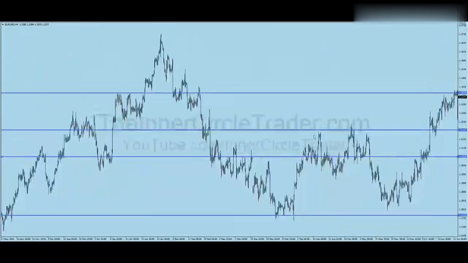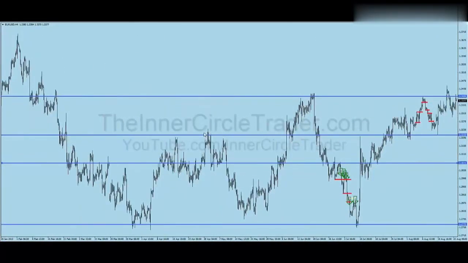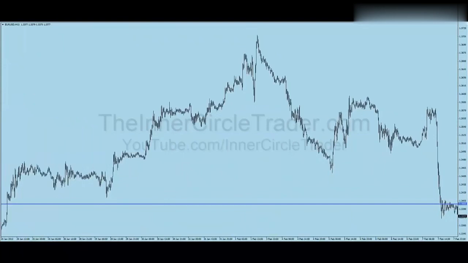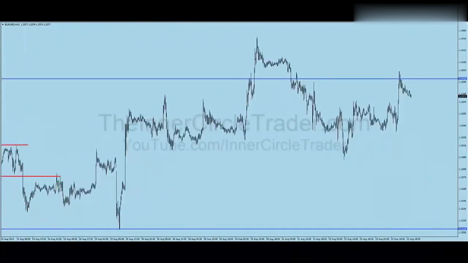Okay. When price trades down like this and rallies off, go back down to a 15-minute time frame. It was in a consolidation.